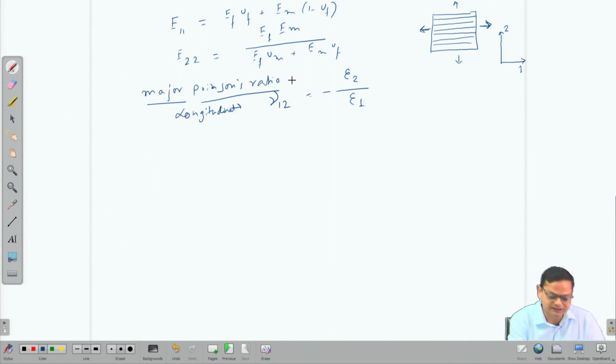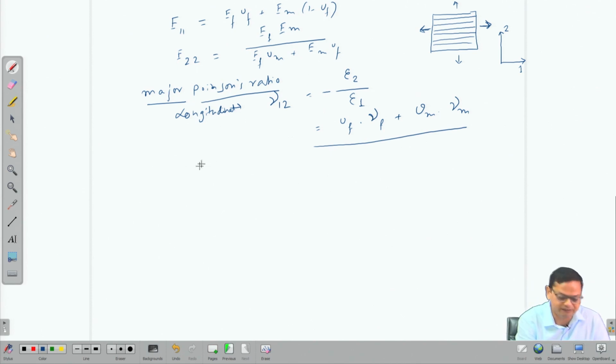And this you can also write as VF multiplied by the Poisson's ratio of the fiber plus VM multiplied by the Poisson's ratio of the matrix. So, that you get nu 12.